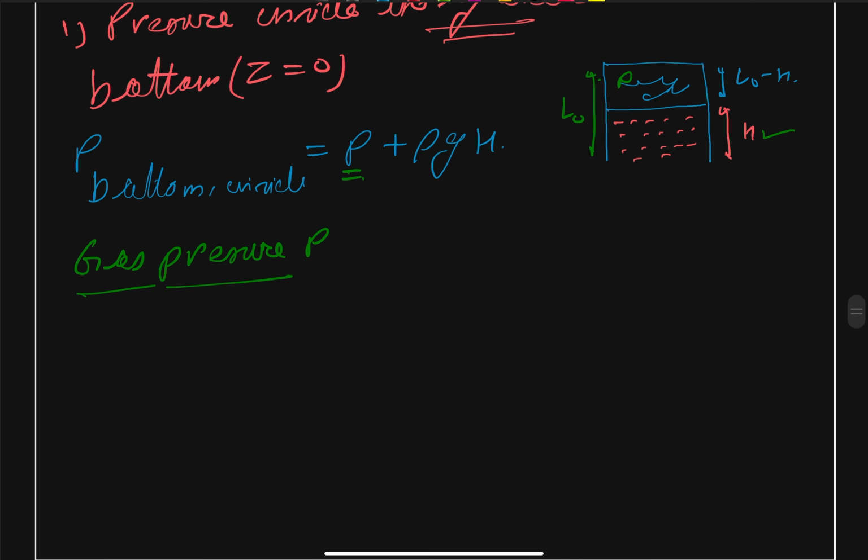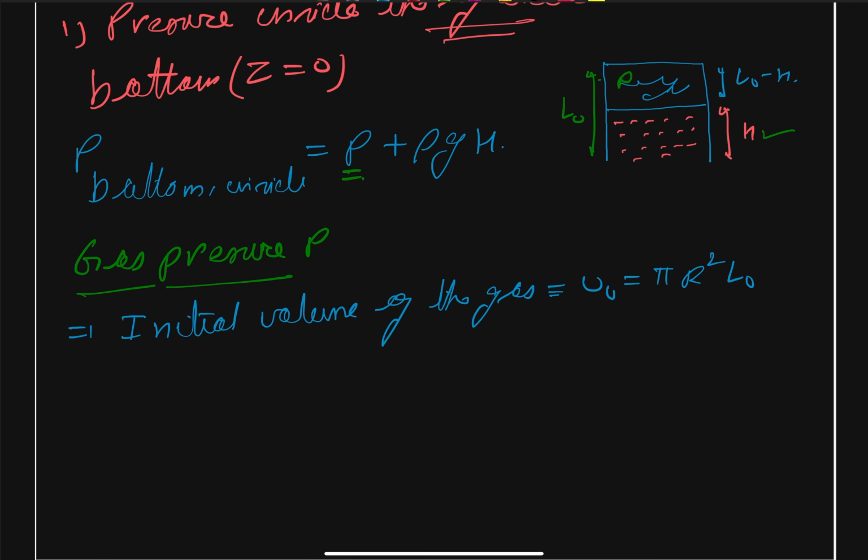We just found that out. Therefore, the initial volume of the gas, that is V0, will be equal to pi r square L0, and this is at pressure P0.